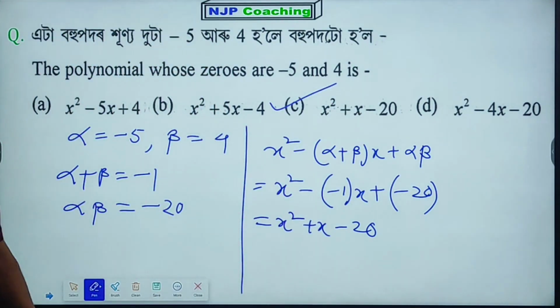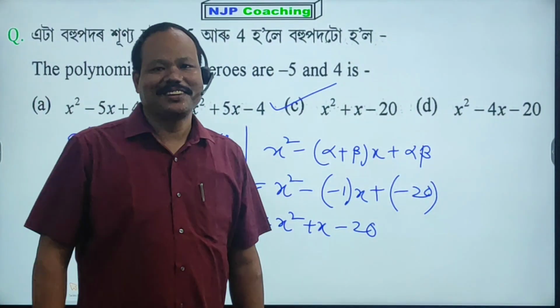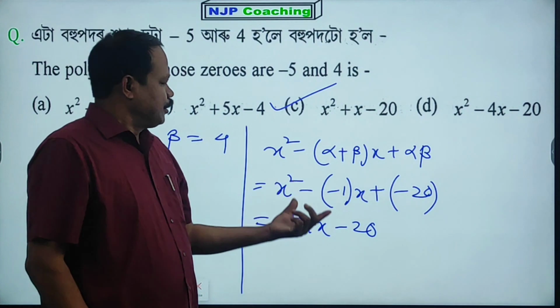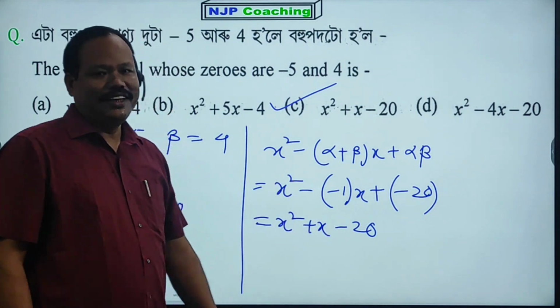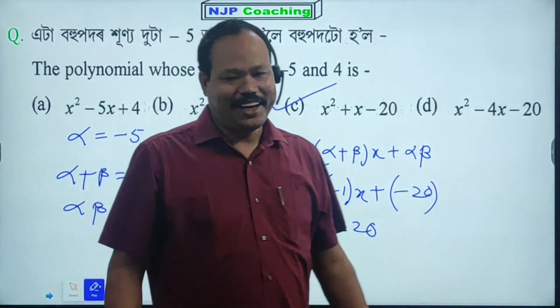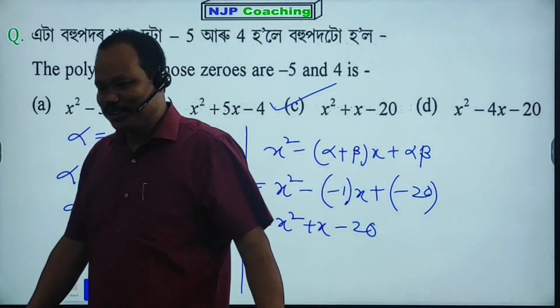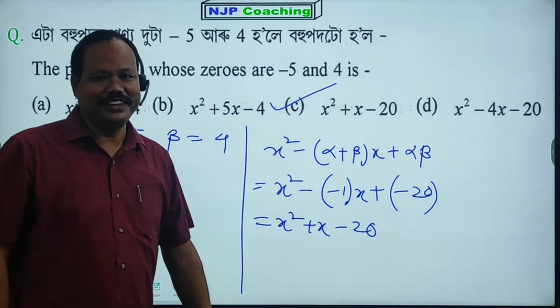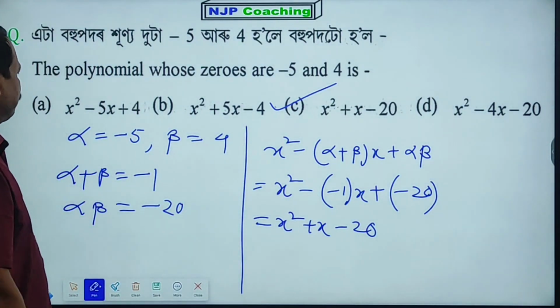I did not notice first that C is the right answer. I did not notice option C first. I thought that the option was not in the question. Now lastly I have seen C is the right option.